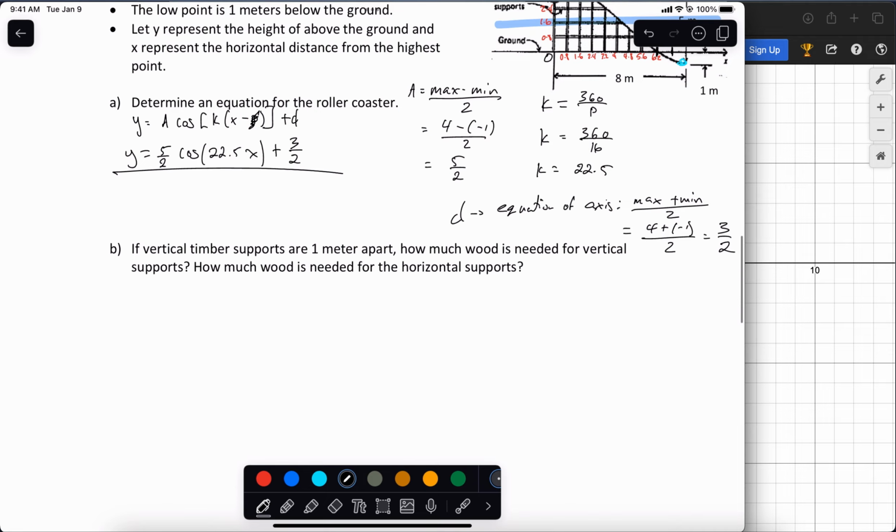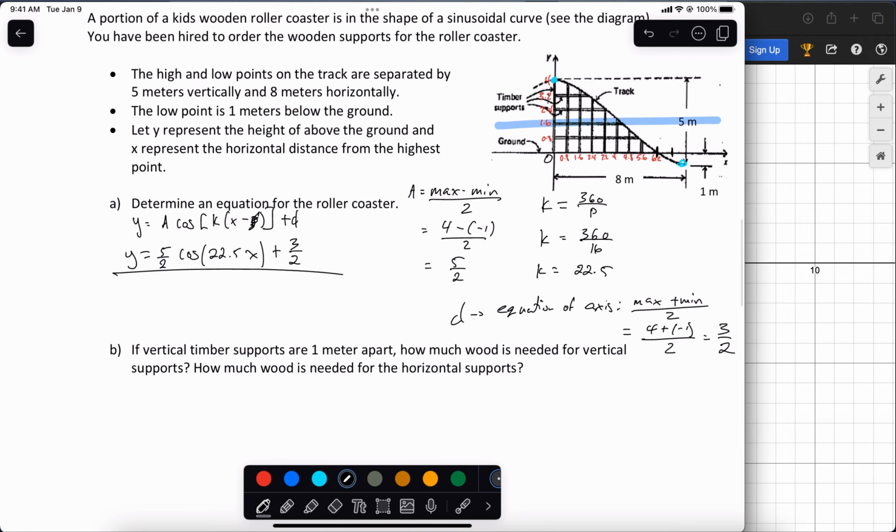In actuality, if I take a look at that, and I've tweaked this question from what I think it originally was, each box, if you will, this is kind of like a grid, each box is going to be worth 80 centimeters. Okay, in order to arrive at the fact that there's 4 meters of height from zero, and it looks like there's 1, 2, 3, 4 horizontal supports, right?